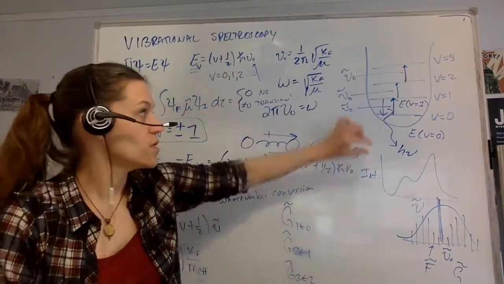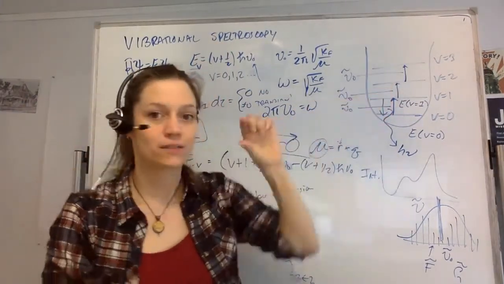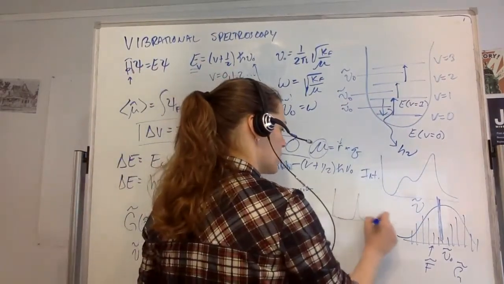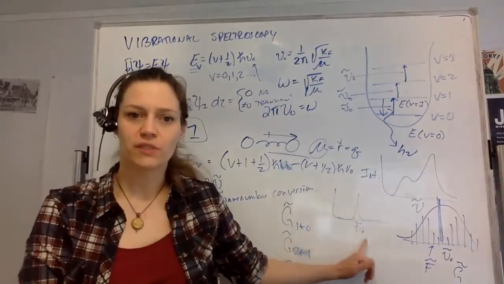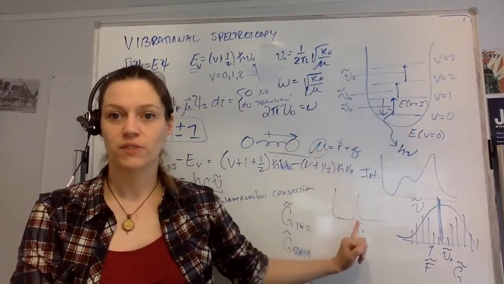And so you can't tell a difference if you're going from 0 to 1, 1 to 2, 2 to 3, because they're all about the same magnitude, such that all the frequencies would have a really strong peak because all of the transitions are at that same frequency.